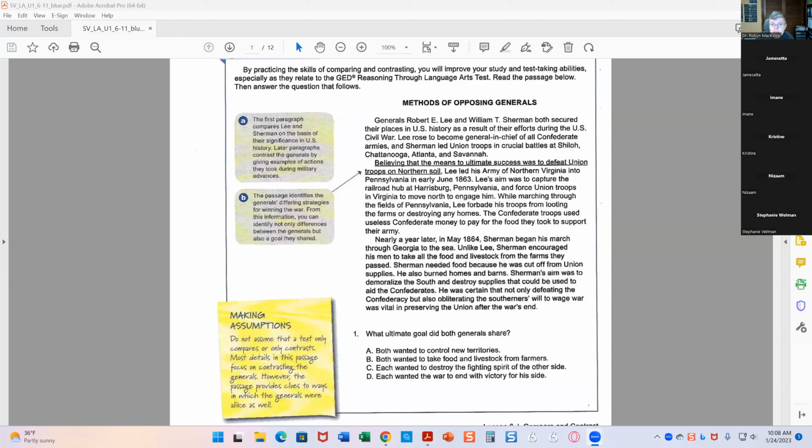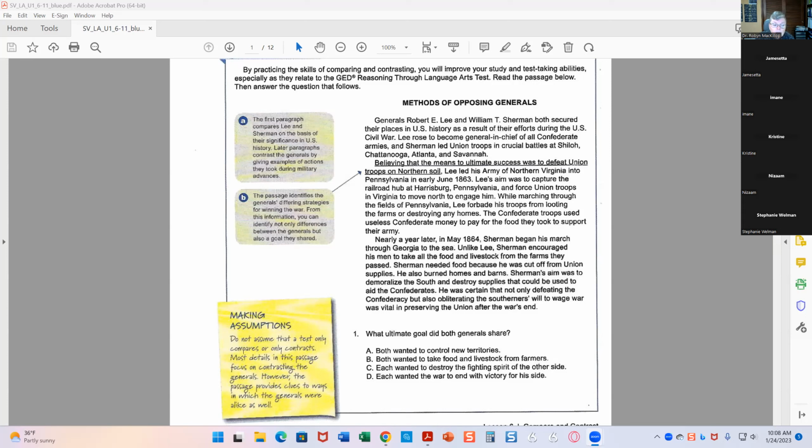It was defeat the other side so that either the United States or the Confederated States can continue to survive. So A is out. It would be a good maybe if you were doing yes, no, maybe, but they didn't really want to control land.